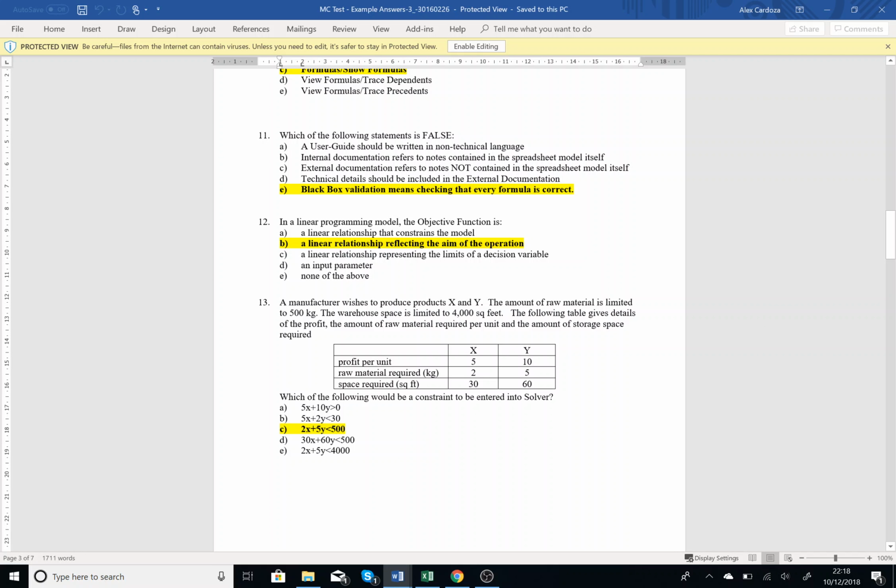So that's what that is saying. It's literally that simple. So 2 of X, 5 of Y must be less than or equal to 500. 30 of X, 60 of Y must be less than or equal to 4,000.